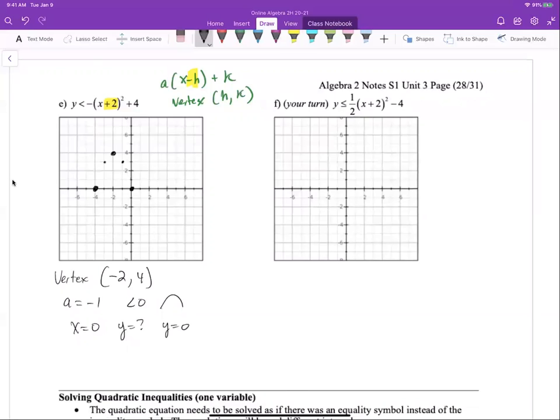Then I could use symmetry to find my other location. I notice that I do not have an equality. Y is less than, so I have a dotted line. I'd plot a dotted line through those points. And since it's less than, I'm going to be under the curve, so I will shade under the curve.